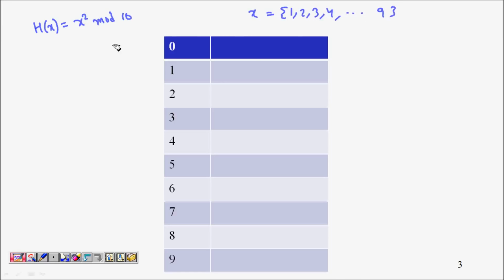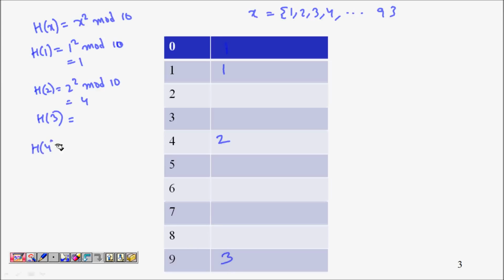Let's see what happens. h of 1 will be 1 squared modulo 10, so it will be 1, and it will come here. h of 2 will be 2 squared modulo 10, so it will be 4, so 2 will come here. h of 3 will be 3 squared, so 9, and 3 will come here.